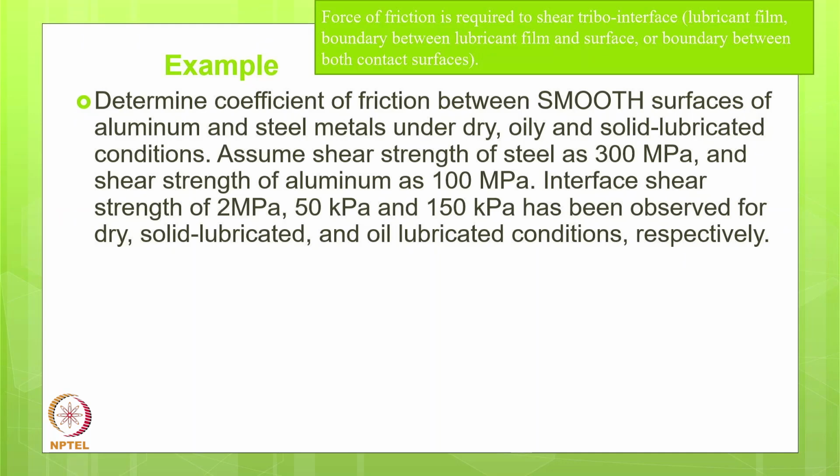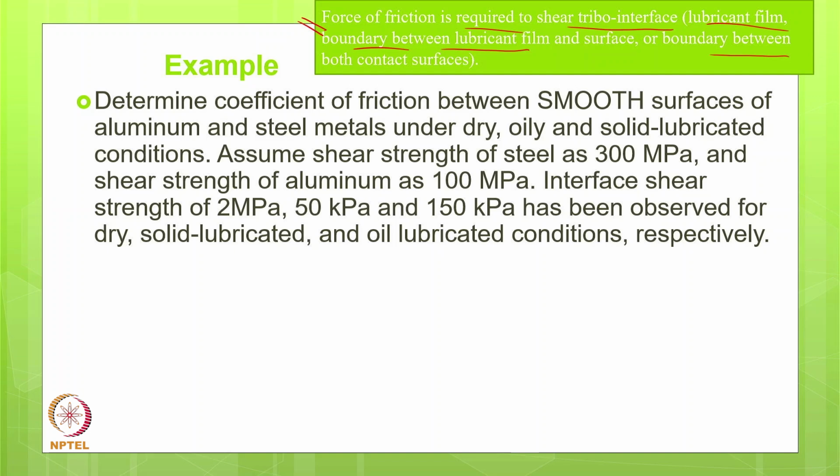Now just to exemplify what I explained, I have taken one example. What we see here particularly is that the force of friction is required to shear the tribo interface. That's what I mentioned. Now here we can go ahead with a lubricant film, we can go with a boundary lubricant, or we can go with the boundary between the two surfaces.